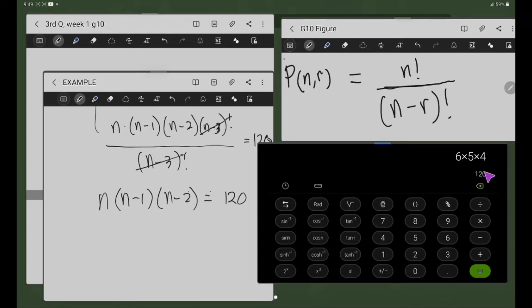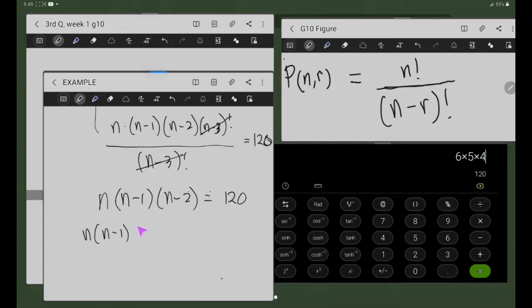So ito n, n minus 1, n minus 2, okay, is equal to 6 times 5 times 4. 6 times 5 times 4 is equal to 120.